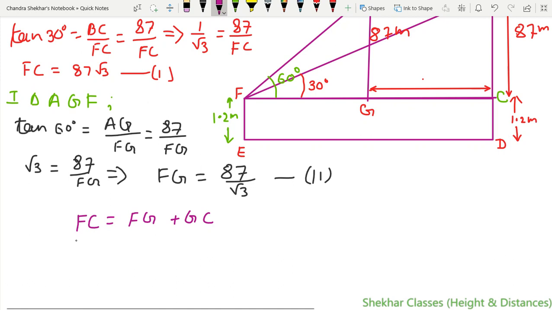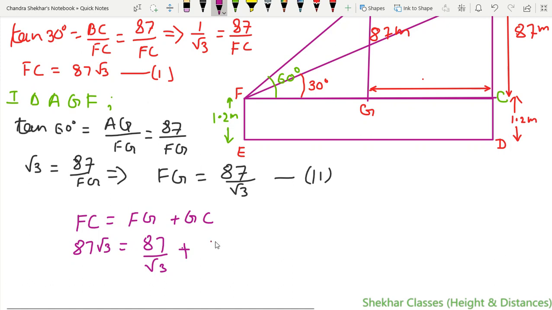FC we have calculated as 87 root 3, so 87 root 3 is equal to FG, which we already got as 87 upon root 3, plus GC.